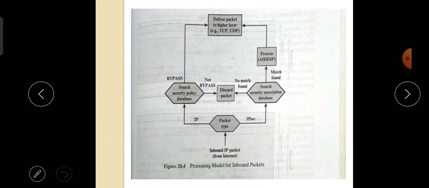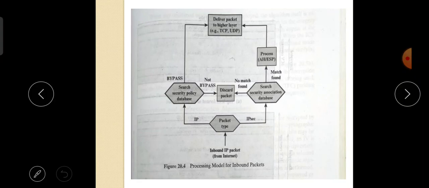Then, second step: if the packet is unsecured, IP security searches the SPD for a match to this packet.